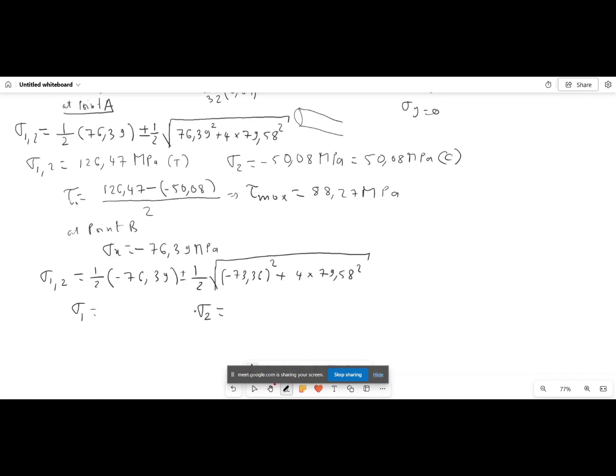For the calculation of rho 1, are we always going to take the positive sign? Yes, you take the positive as your first choice. Good question.